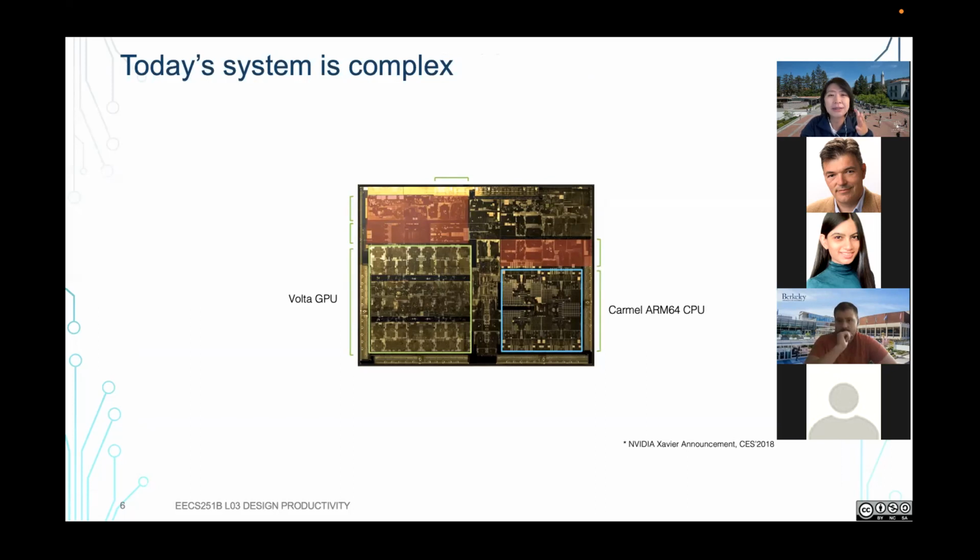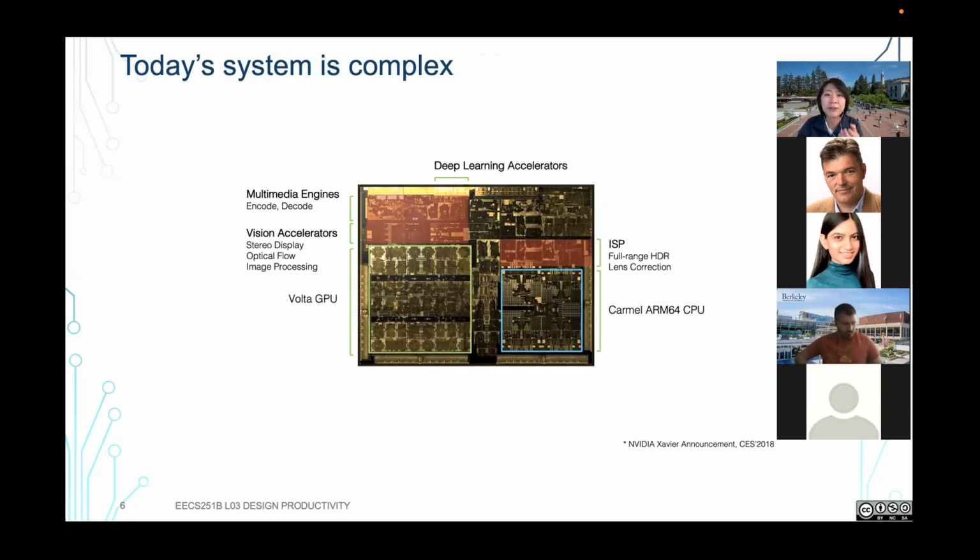This is already a couple of years old. Think about the modern SoC. This is the NVIDIA Xavier system. Of course, since it's from NVIDIA, it has GPUs. There is also a CPU block as part of the SoC. It also has a range of accelerators: deep learning, DSP processors, vision accelerators, and camera processing.